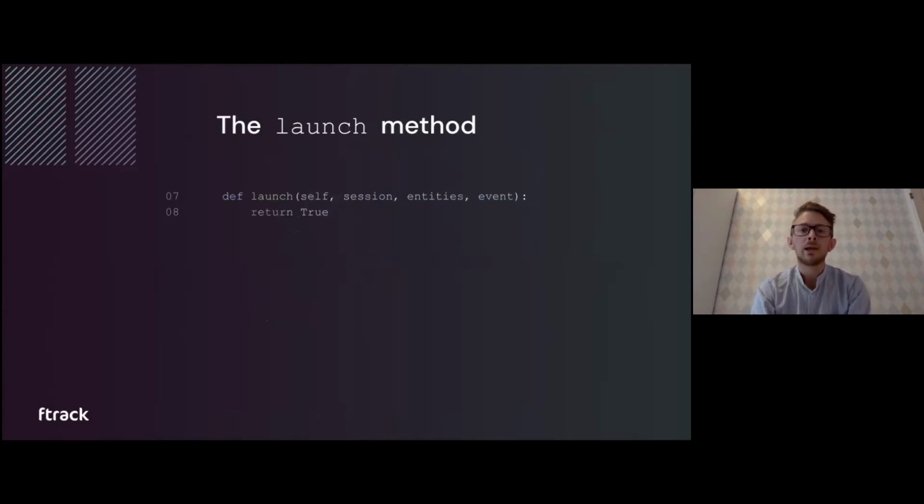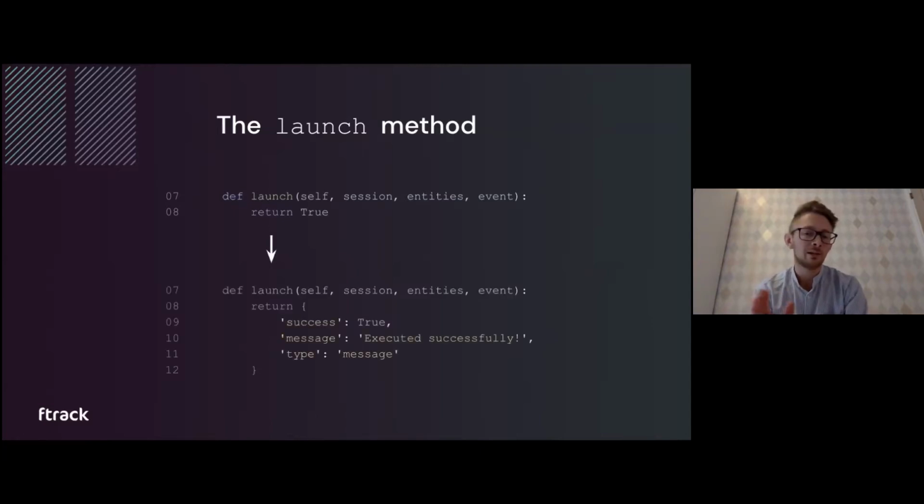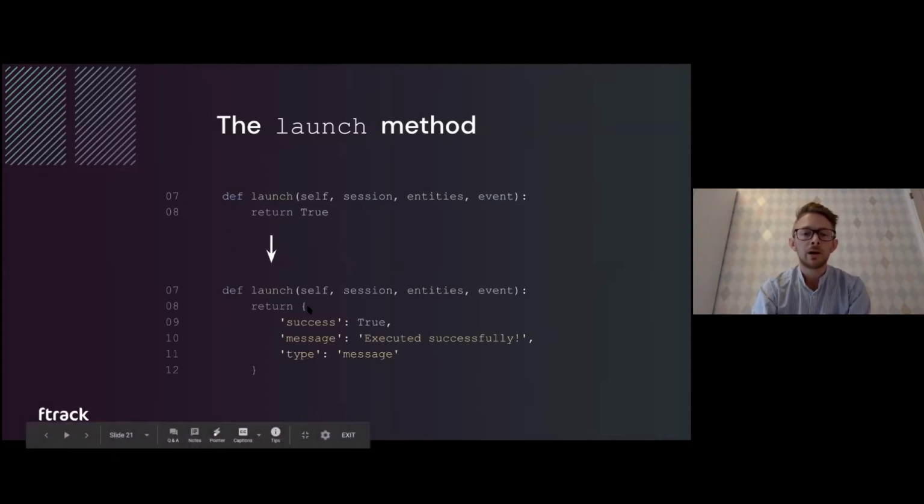A closer look at the launch method, which is just the second method that is required in the base class, or when you are creating it from the base class. So instead of just returning true, which will just result in a very simple message appearing from the top in the web interface, you can change it slightly to instead return an object, a Python object here, as you can see.